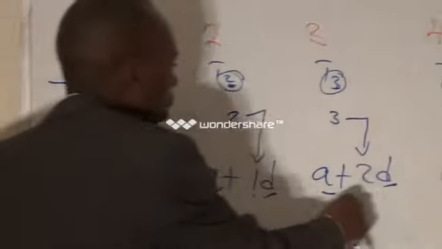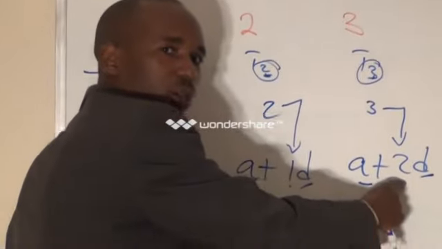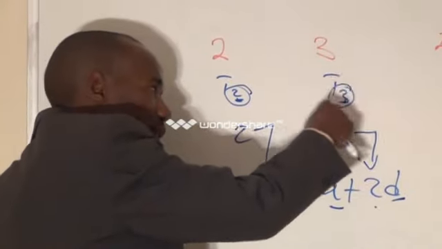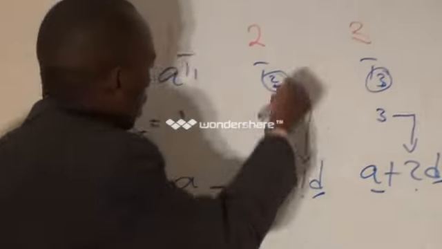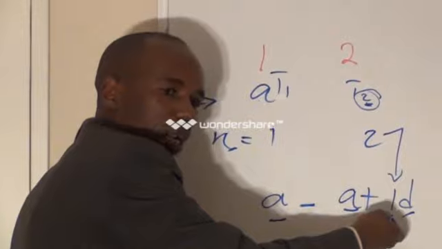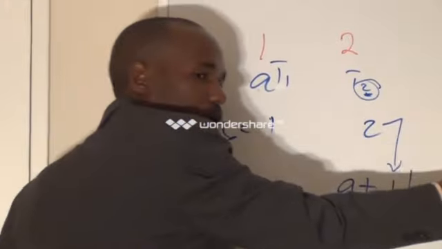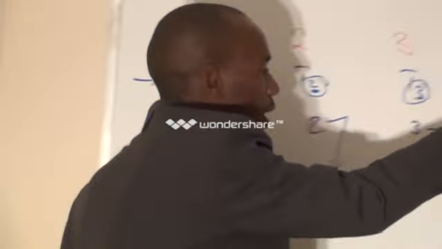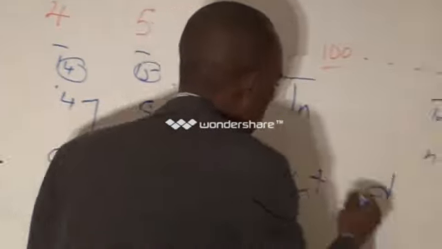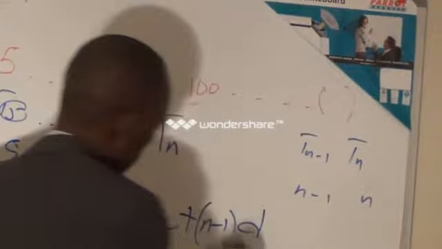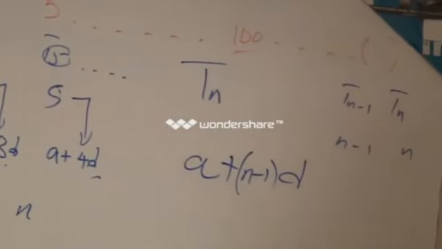You can see that what we are multiplying our D with is always the term number minus 1. It's 2 here, we are multiplying by 1. It's 3 here, we are multiplying by 2, which is 3 minus 1. It's 4 here, we are multiplying by 3, which is 4 minus 1. If it's n, therefore, that's what we have.